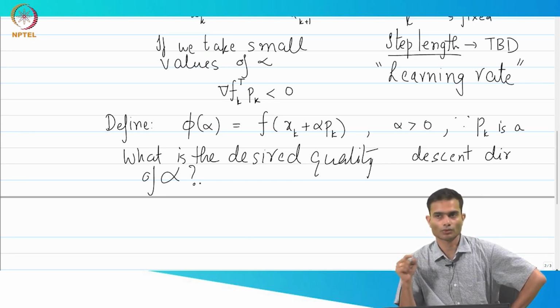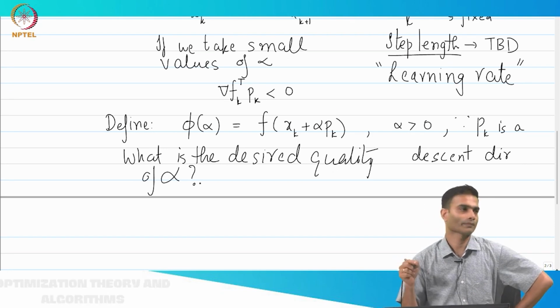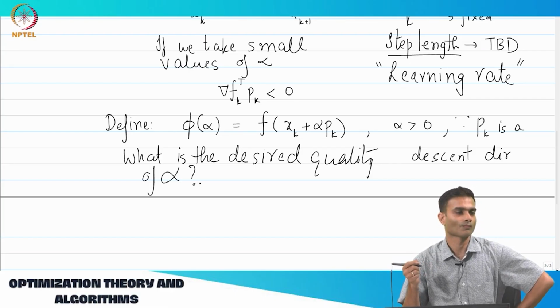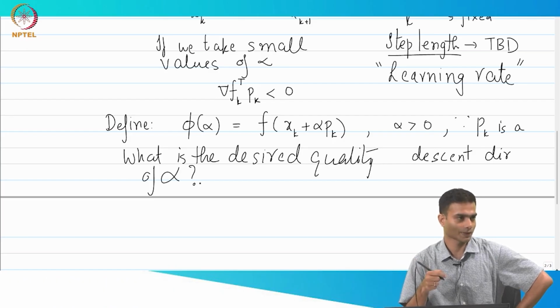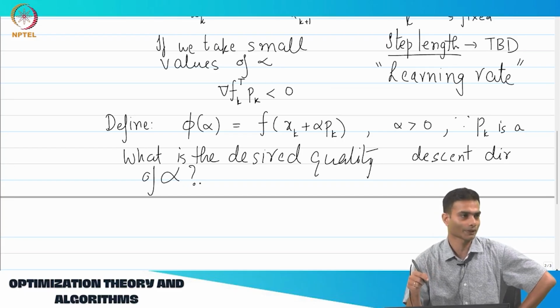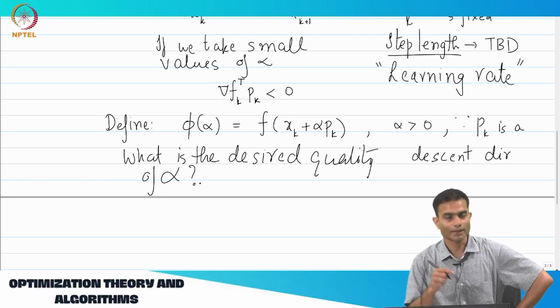It shouldn't be too large or too small. Can we be a little more ambitious? It should be the least possible value. Once we take alpha, the function should go to the least possible value in that direction.